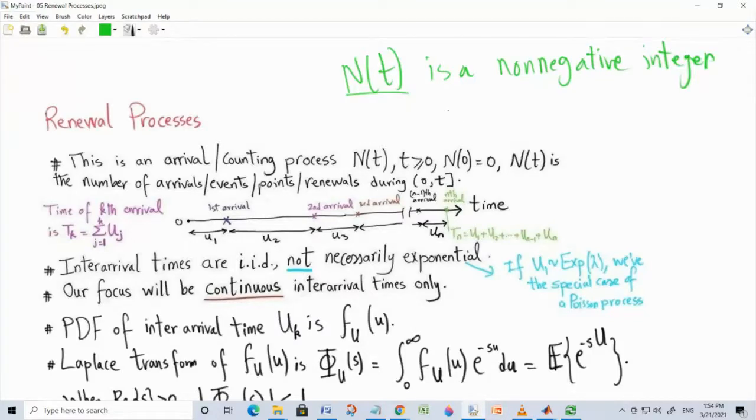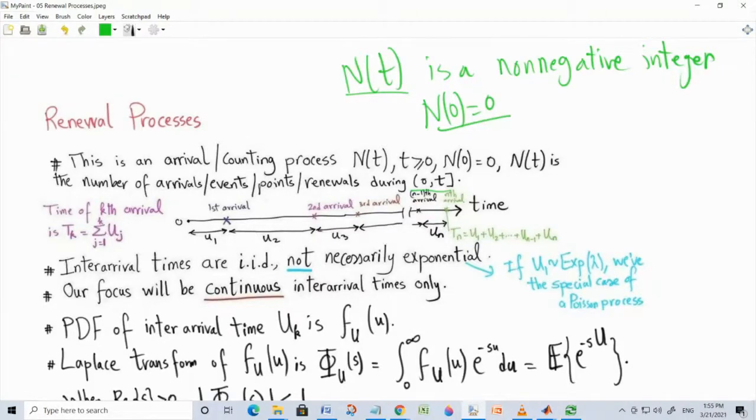We typically start our system at t equals 0 and N of 0 is equal to 0. N of t is basically a counter. It counts the number of events or arrivals on the interval from 0 to t inclusive. So t is included.